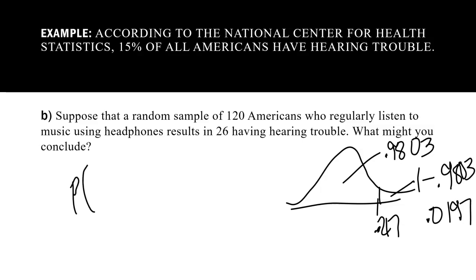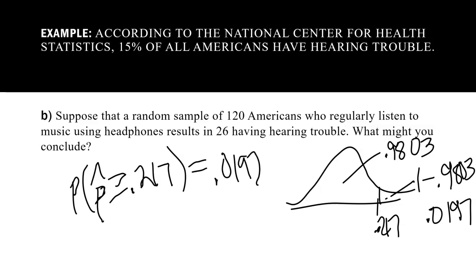So the probability that p hat is less than or equal to 0.217, or no, not less than, it should be greater than, because remember we were looking for this portion over here. So greater than or equal to 0.217 is equal to 0.0197. So that's this area. I think I wrote it wrong in the last one, but just change that inequality symbol to be facing towards the p hat. So we want to know what's the probability that the sample proportion is bigger than 0.217. It ends up being 0.0197, which is small, right?